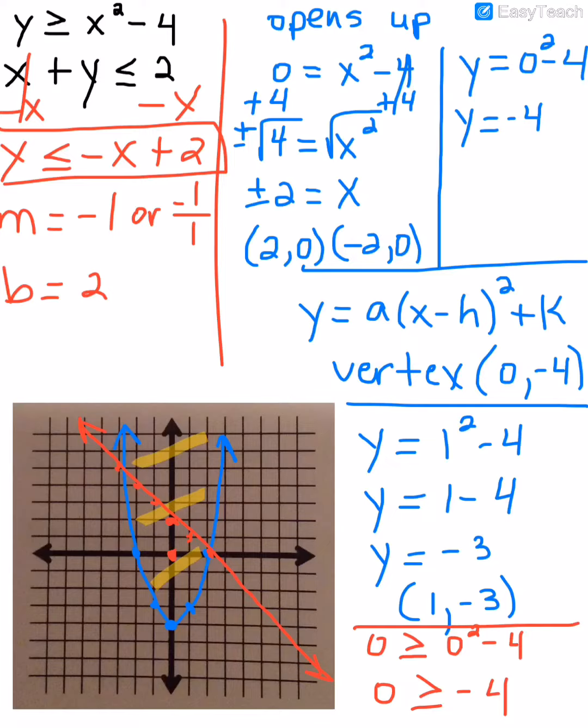If it's less than, it's below the line; greater than, it's above the line. Okay, so this is less than, so it's the stuff that's below the line, which is this stuff down here. So the part that overlaps, or the solution to my system, is this part in here.